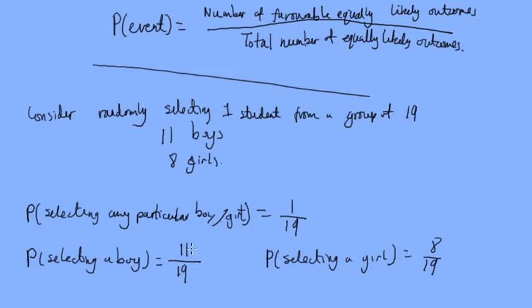Because in this instance, 11 of the 19 equally likely outcomes are favourable to the event of selecting a boy, and 8 of the 19 equally likely outcomes are favourable to selecting a girl.